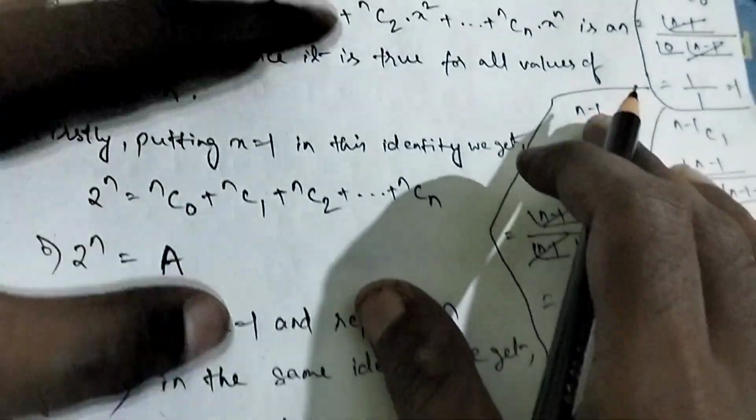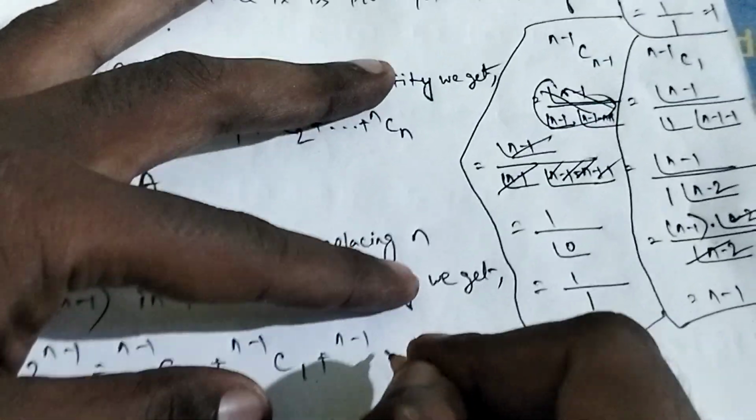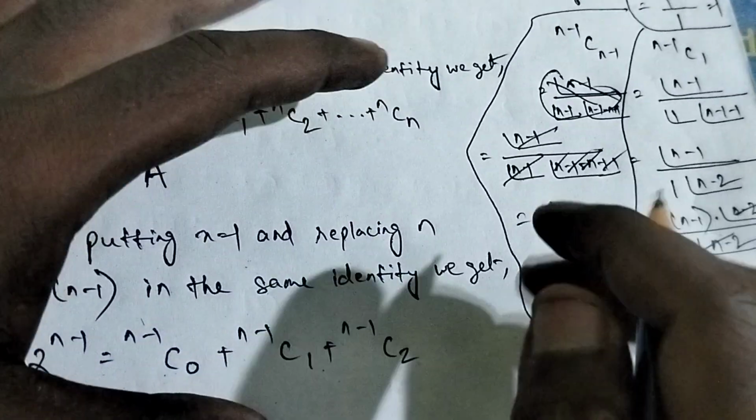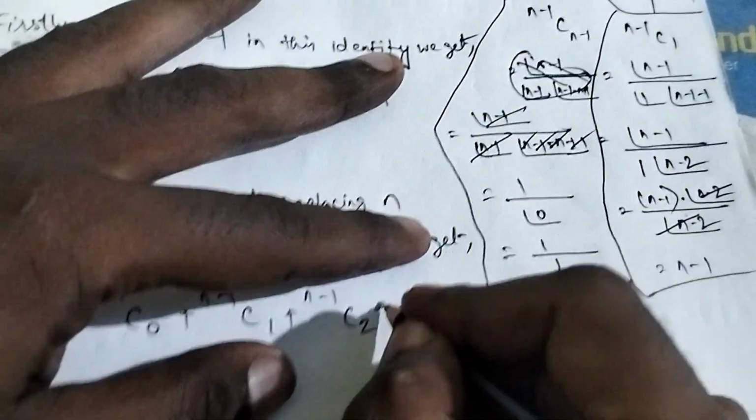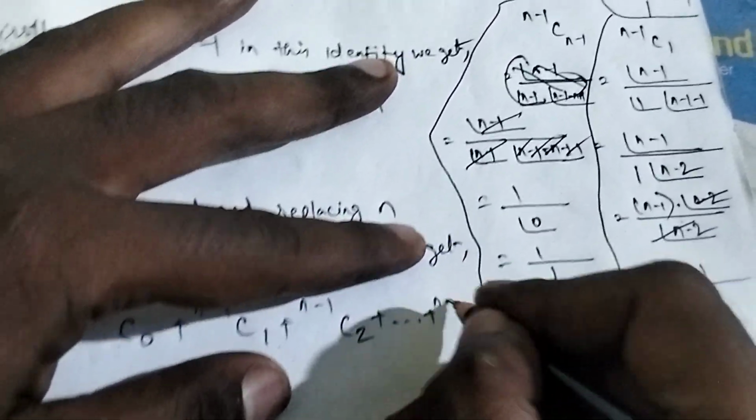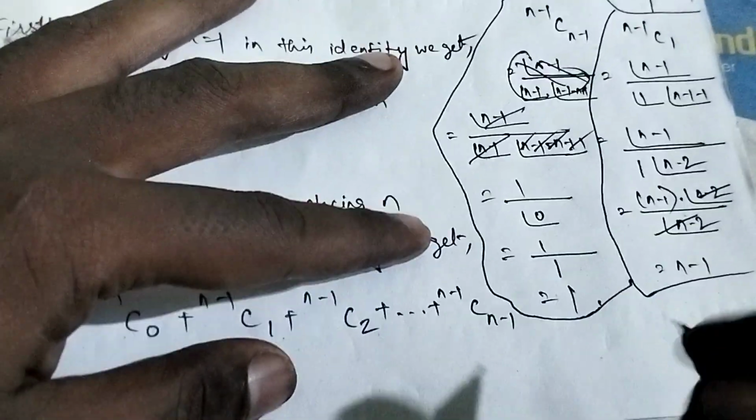Then here n minus 1 C2. In this way n minus 1 C n minus 1 plus dot dot dot plus n minus 1 C n minus 1.